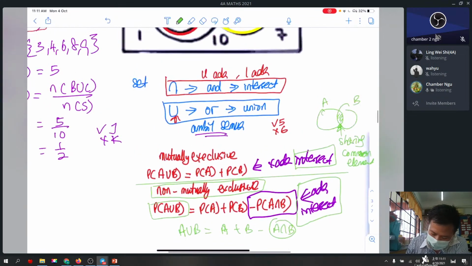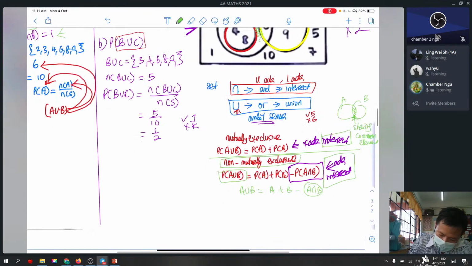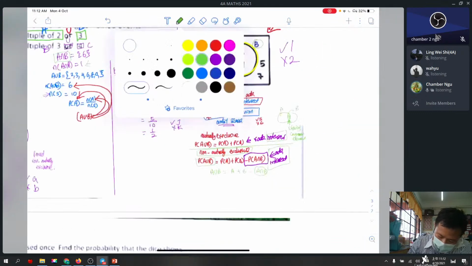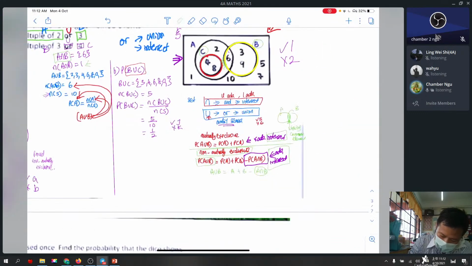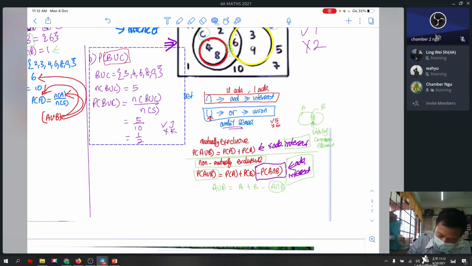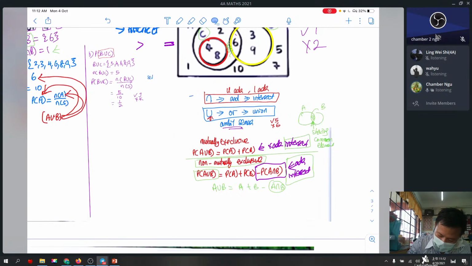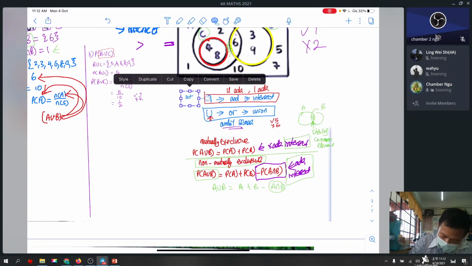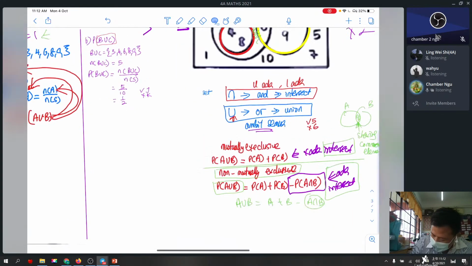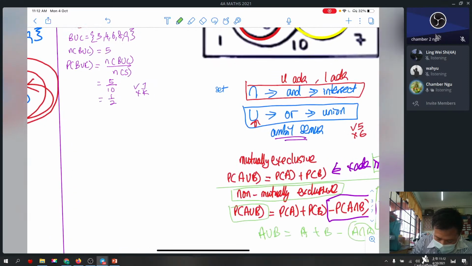Okay, I will show you one. Let's say, I minimize this a little bit. What if we just find the probability of A plus the probability of B?